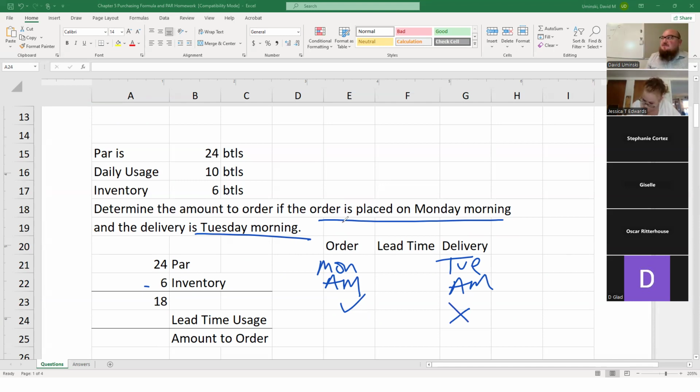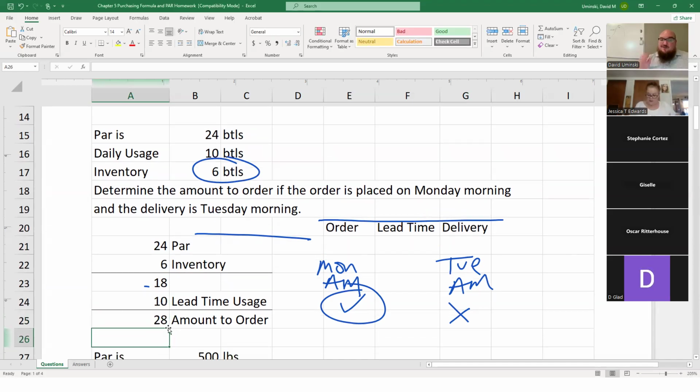So what is my daily usage? 10 bottles. And what's my lead time usage? Just 1 day. Okay. So 1 day is my lead time. So I want to add that 10 bottles for my lead time usage, and I should order 28 bottles.